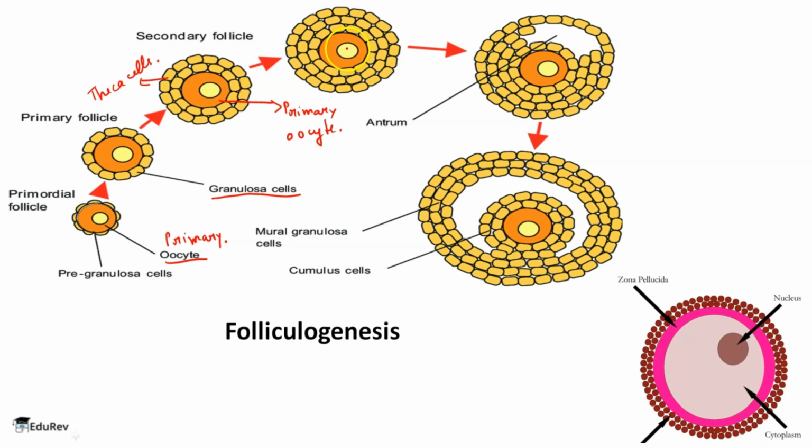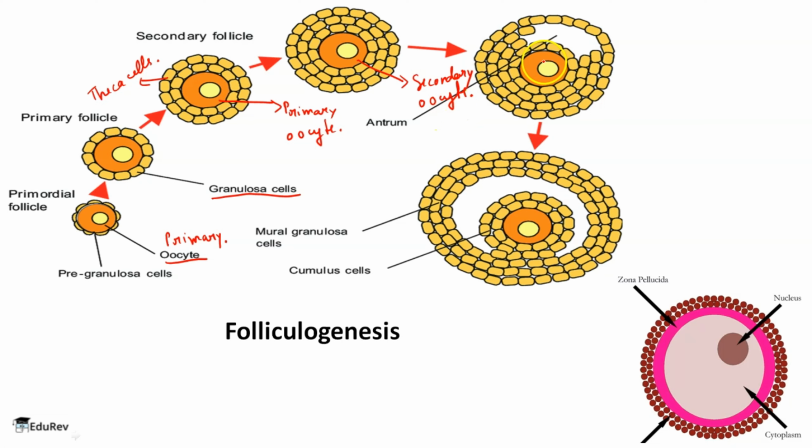So here we can see that this is not the primary oocyte. This is our secondary oocyte, because it has matured to form a secondary oocyte, and this happens by the process of meiosis. So the primary oocyte did meiosis and formed the secondary oocyte, right?